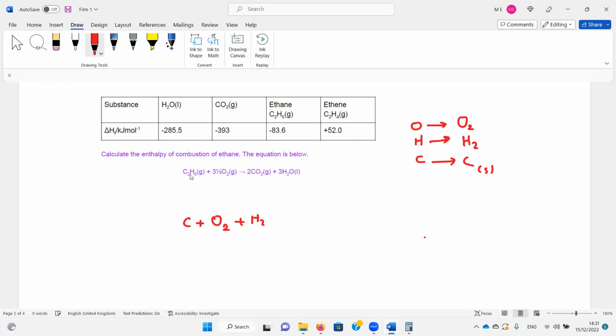Now this first one, the ethane, is made from carbon and hydrogen. So we will draw an arrow here, and the amount of energy that's required to make this is minus 83.6.